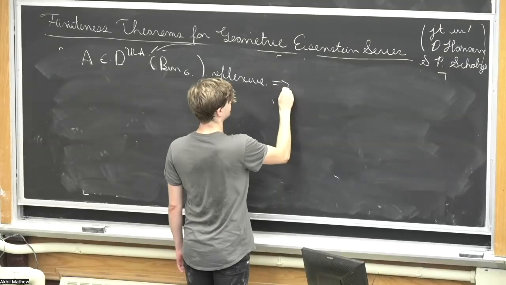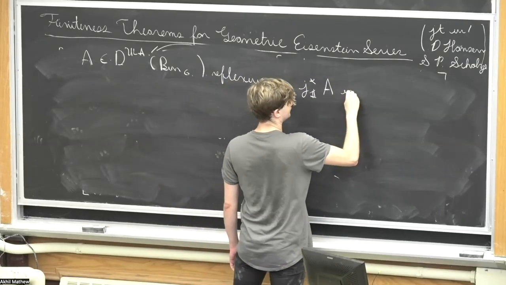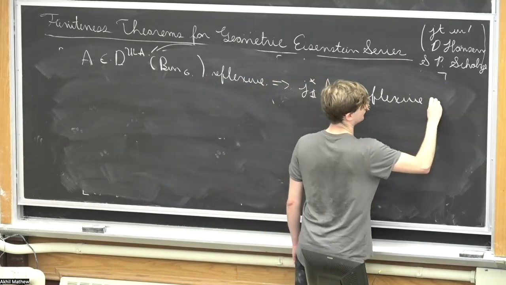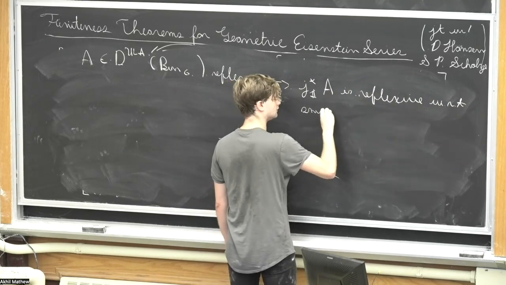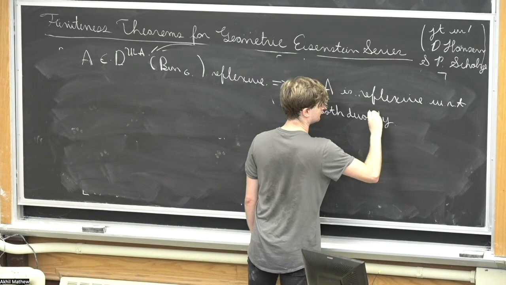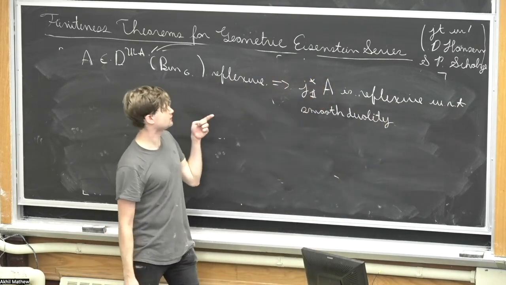So in particular, that's going to imply that j_1 upper star of A is reflexive with respect to smooth duality, because this upper star is going to intertwine smooth duality and Verdier duality.